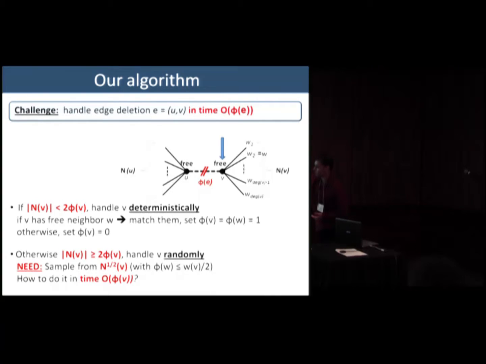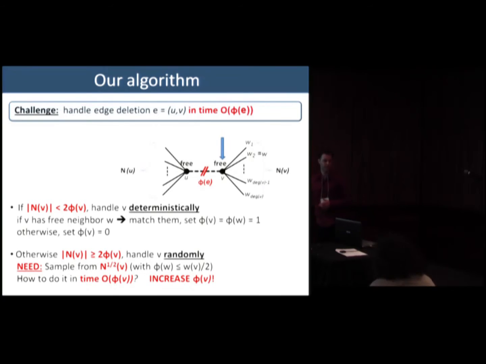We don't have this set. We have a possibly much larger set. N of V, instead of N_1/2 of V. So how can we do this sampling in time that is linear in the potential? That's the thing that we want to resolve.